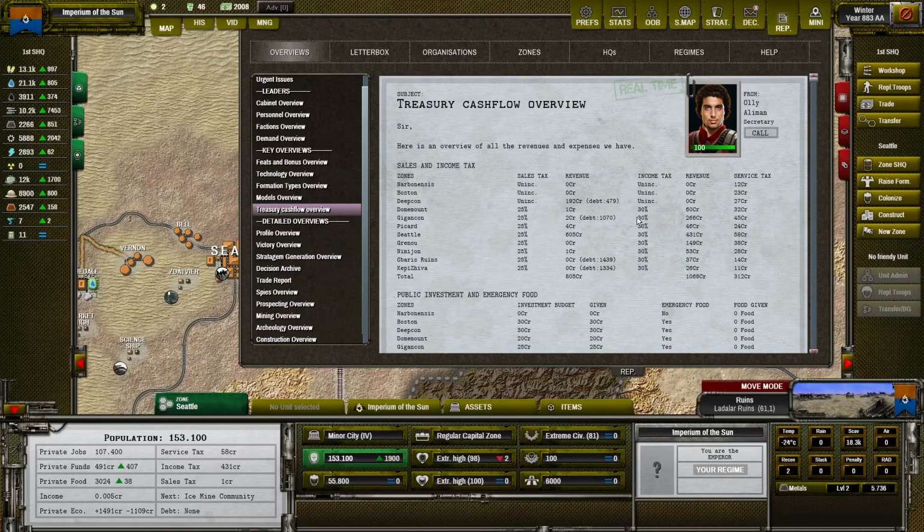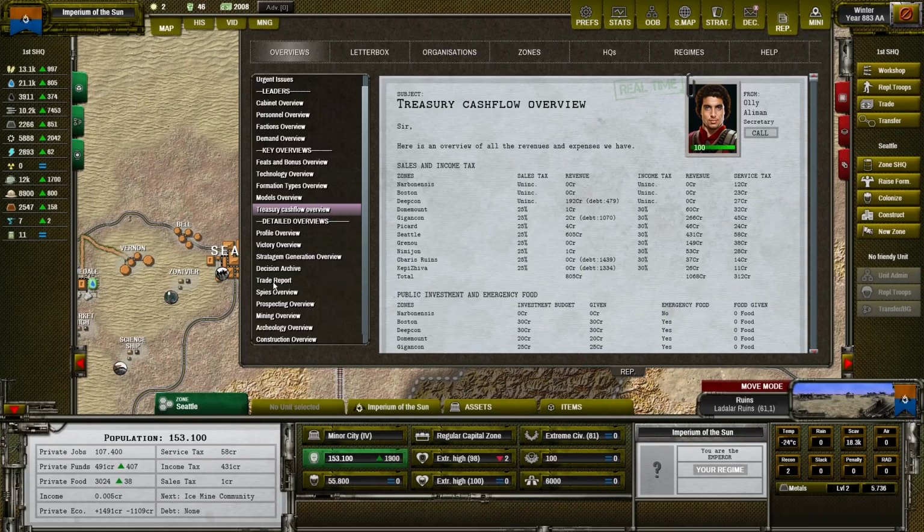The taxation will give us more money if we have more money in the market. So the more our population can spend on buying stuff and selling stuff, the more we can receive in the taxes. So even if I have quite low taxation, I can receive quite a high amount of money from the market.